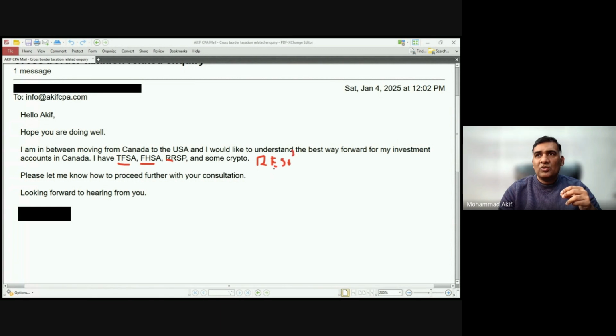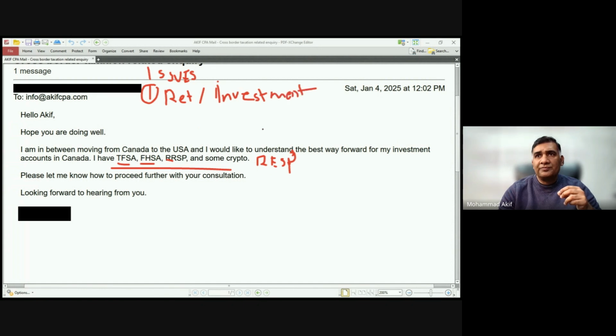And so what happens when you are trying to move? What happens, right? So the first issue is your retirement investment accounts, right? What happens to those accounts? That's number one when you're trying to move.